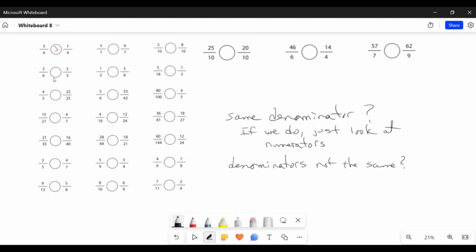So when the denominators are not the same, we have to have a common denominator. There's no other way around it. You might say, well, Mr. B, he didn't find a common denominator. Oh, yes, he did. So if we have 2/6 and 2/3, he showed you the butterfly method where we do 2 times 3 and get 6, and 6 times 2 and get 12. So you say, okay, he didn't find a common denominator.